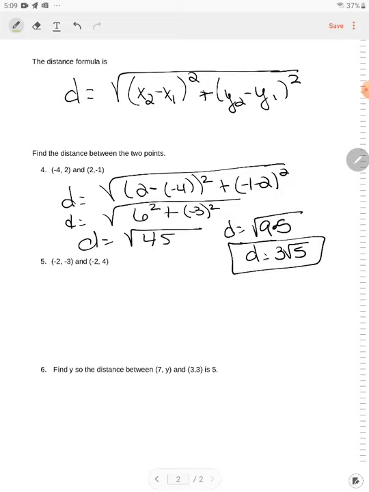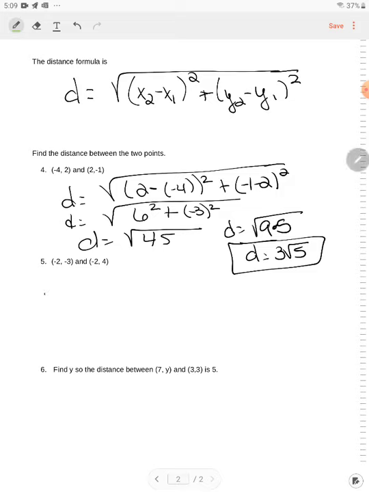And again, we can take our calculators and do 2 minus a negative 4 squared plus negative 1 minus 2 quantity squared, and then 3 square root of 5 squared. Calculator shows that we get 45 each time.